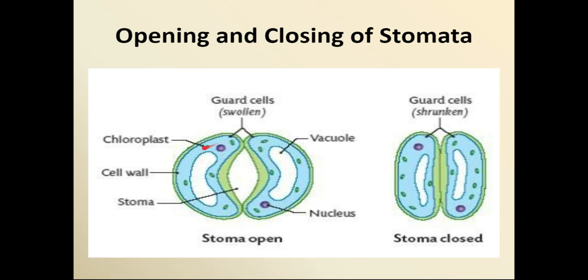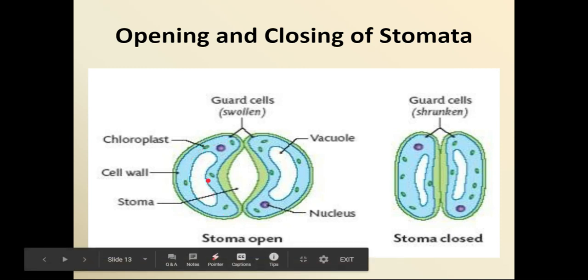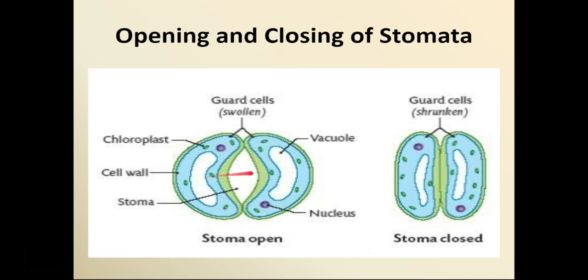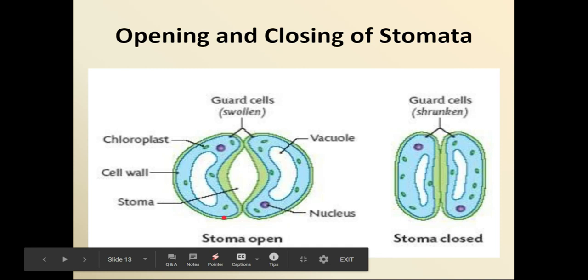And these are the chloroplasts in which chlorophyll will be present, and these are your vacuoles. These two are your vacuoles, and you can see this is the stomatal pore.